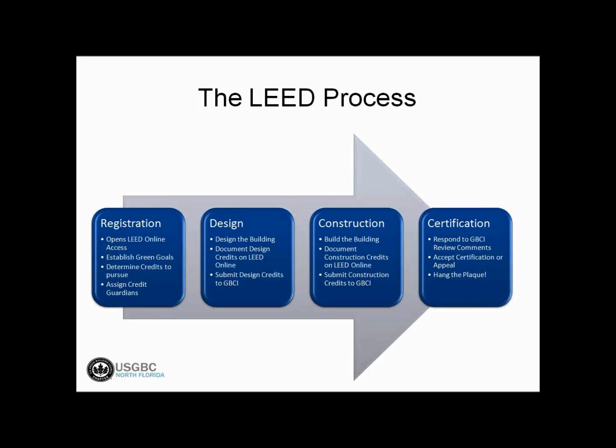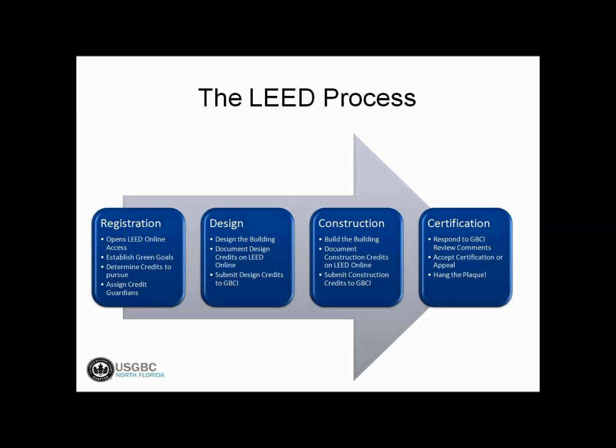So that's done. Now all that time that's been going on, the contractor has been building the building, hopefully documenting all of the things that go into the building, all the recycled content, all the regional materials, doing construction IAQ plans, all those construction-related credits.